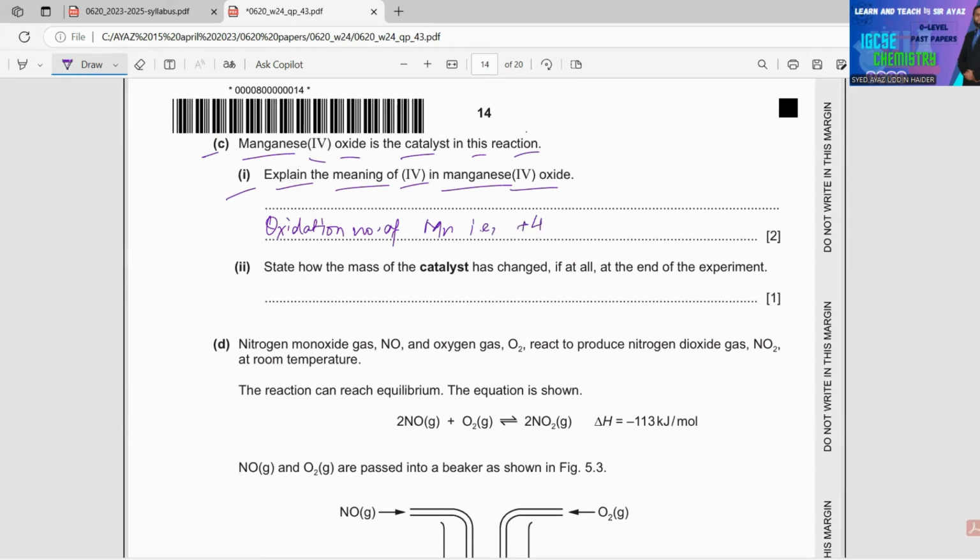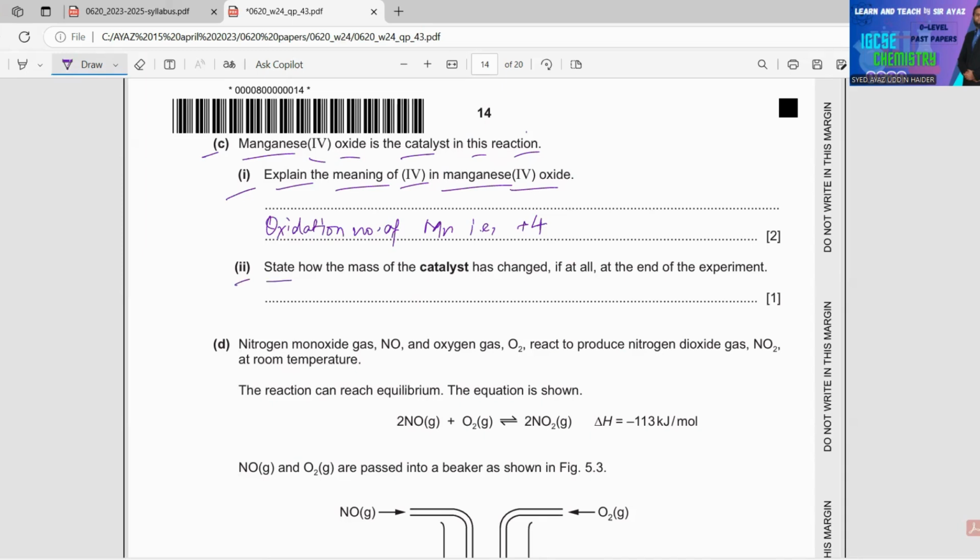Oxidation number of Mn is plus 4. Don't just write 4. You have to write the charge, either positive or negative. Here it's positive, plus 4.